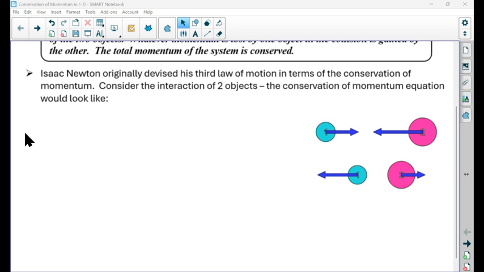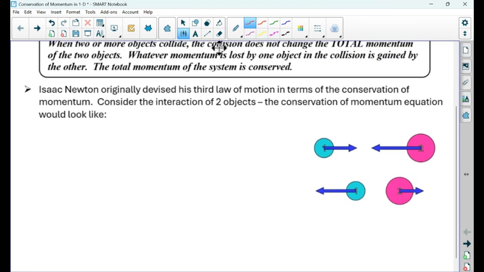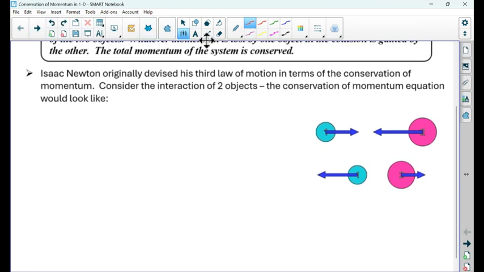Let's consider two objects that are interacting with one another. We've got the blue one, which I called number one, and the purple one, which I called number two. In our little diagram here, we have them coming towards one another, hitting one another, and then reflecting. And these blue arrows actually represent the momentum.